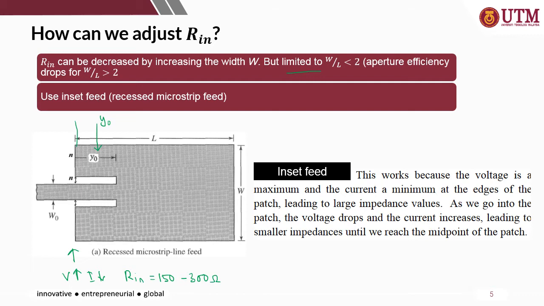While when the feed point is moved towards the center of the patch, at the center the voltage drops while the current is at maximum, which yields a lower input resistance. Therefore, we can see that the input resistance of the patch antenna is strongly dependent on the position of the inset feed.